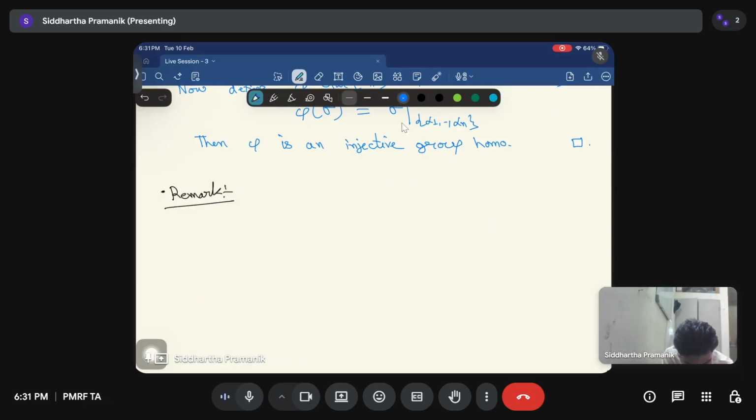So in particular, if the degree of f is n, then f can have at most n roots, right?